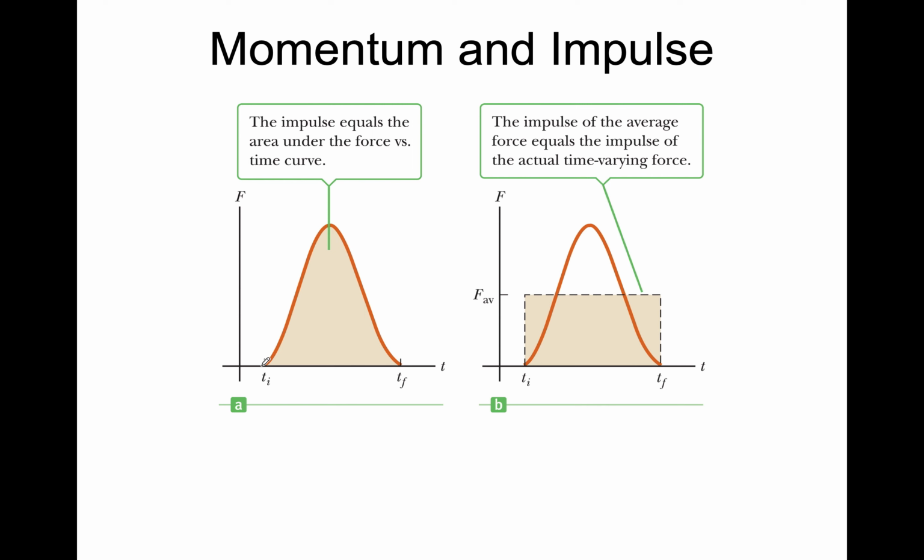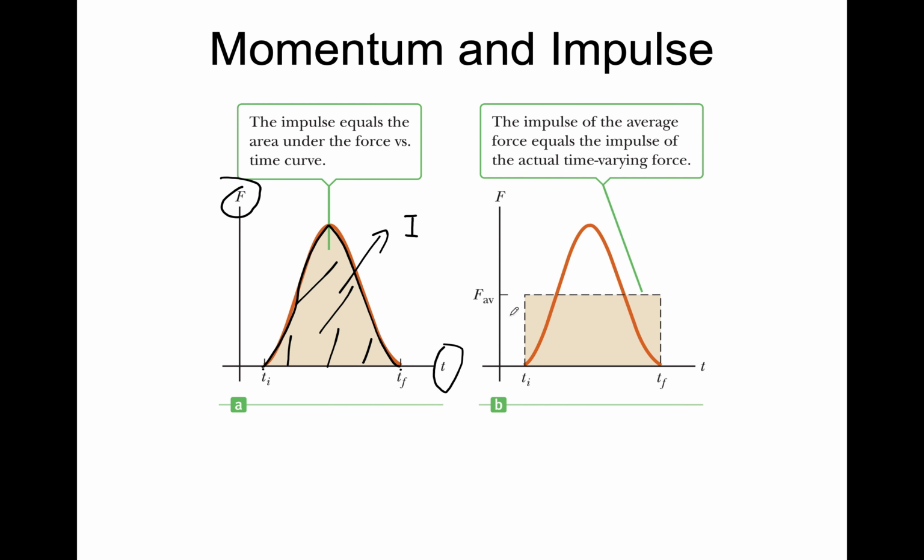And because impulse equals force times time, if we have a changing force, and we do the same analysis, we would find that the area under this force versus t plot gives us impulse. So the area of this shape gives us impulse. Now we want to define an average force. This force is changing from Ti to Tf.